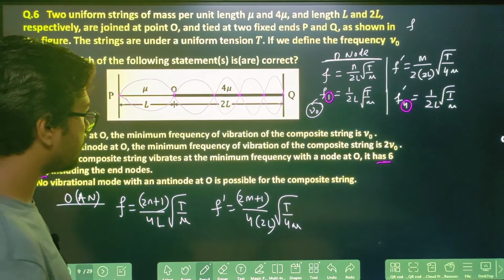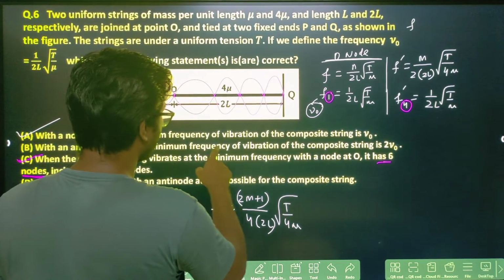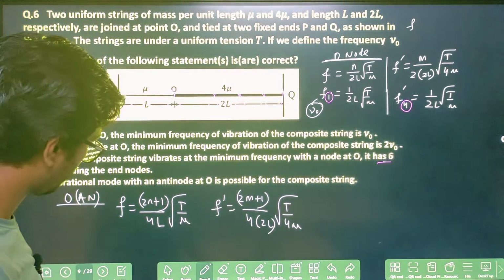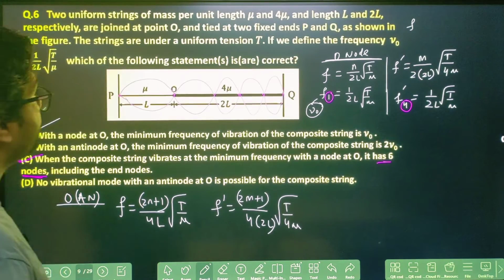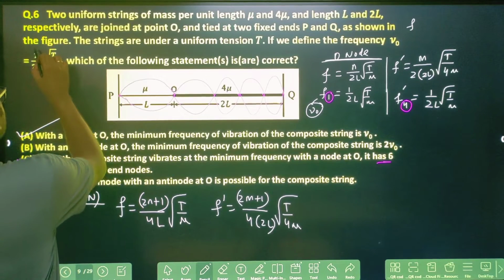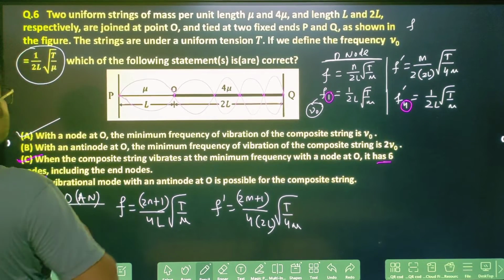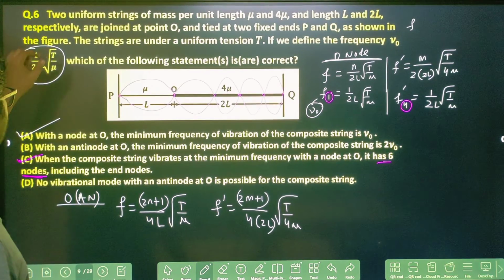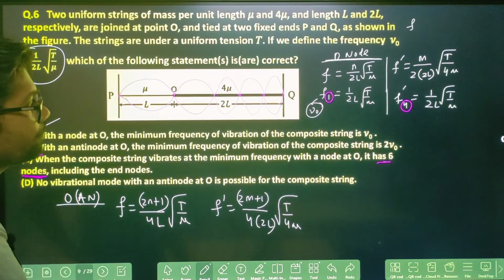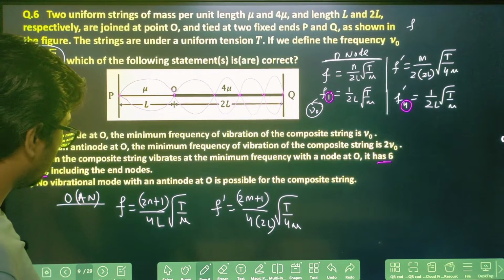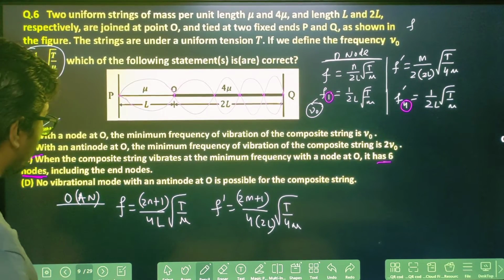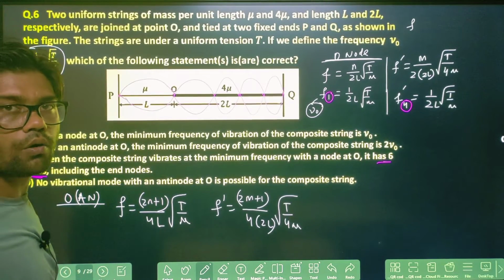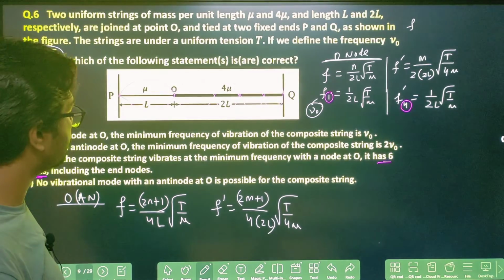Now if you see, they are telling in option B that the minimum frequency of vibration of the composite string is 2 mu naught, where mu naught is 1 by 2L into root over T by mu, right? This cannot be possible because 2n plus 1 will always give you an odd number. If you put n equal to 0, it will give 1 by 4l.